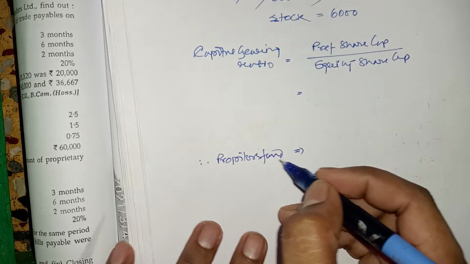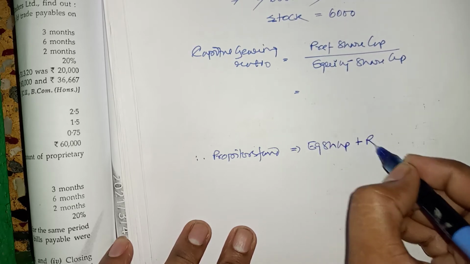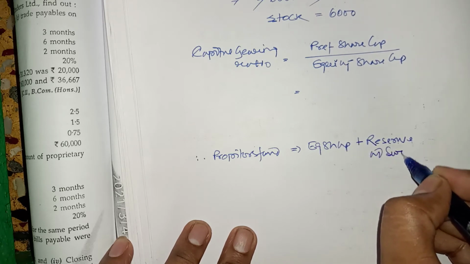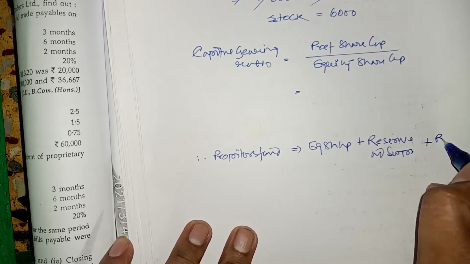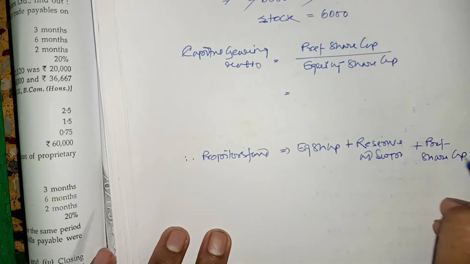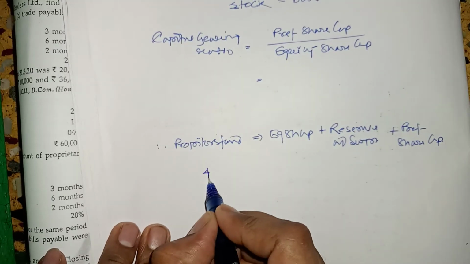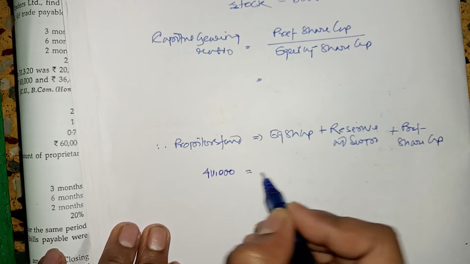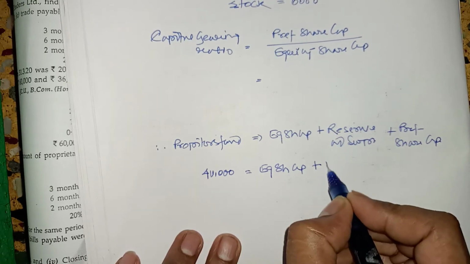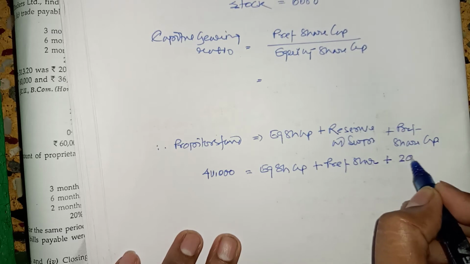Proprietors fund equals, we can write, equity share capital plus reserve and surplus plus preference share capital. So the total proprietors fund is how much? It's 40,000. Equity share capital we don't know, plus preference share capital we don't know, but we know the reserve. Reserve is 2,000.